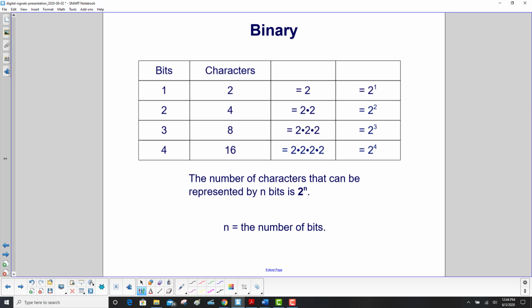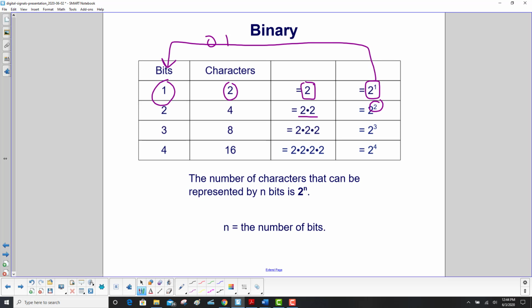Okay, here's our table. When we had 1 bit, you had 2 characters, right? You had a 0 or a 1. We're going to call that 2, which is 2 raised to the first power. See, we're bringing in exponents here. And look at that first power. What does that square with? How many bits there are. When we had 2 bits, we had 4 characters, which is 2 times 2, which is 2 squared.